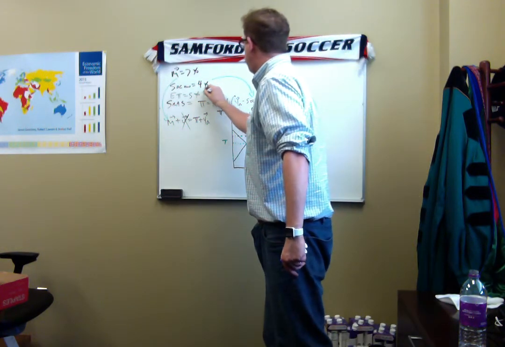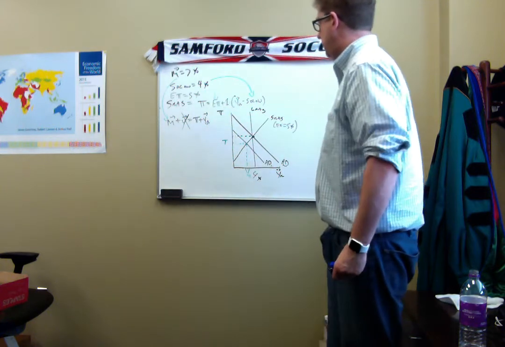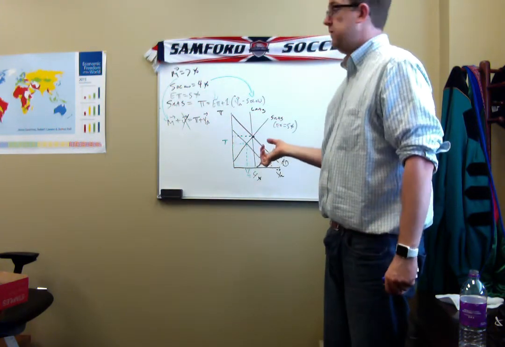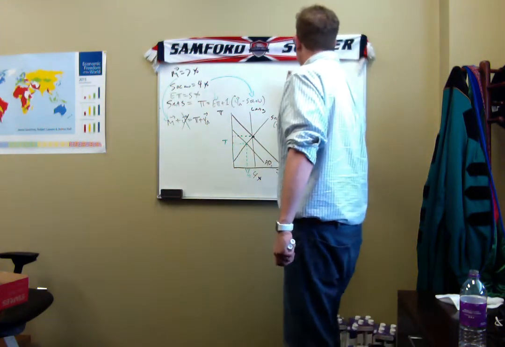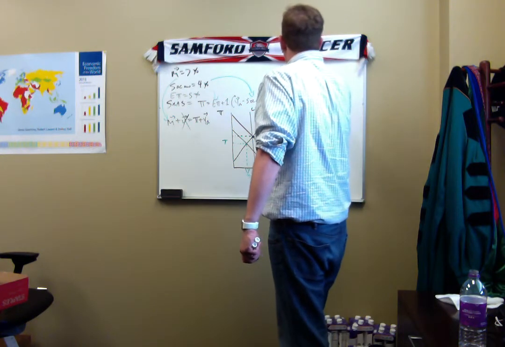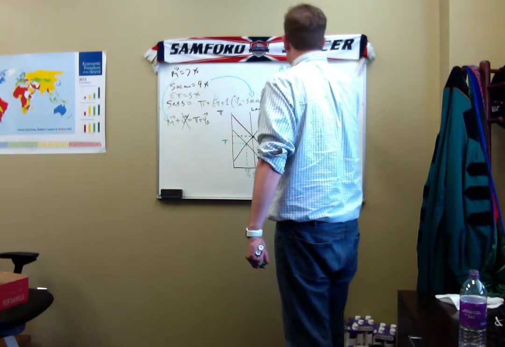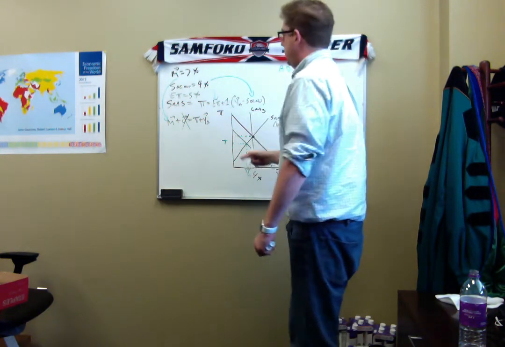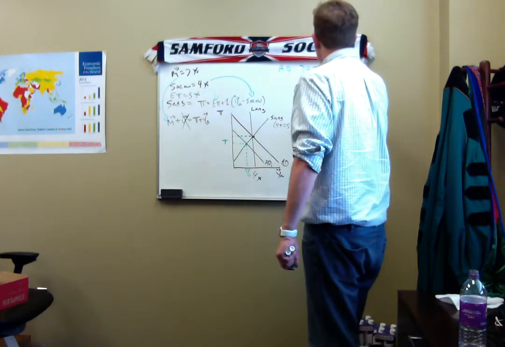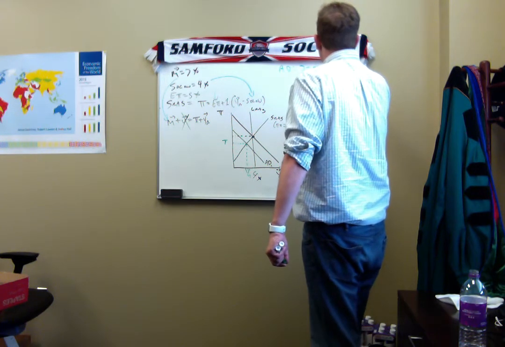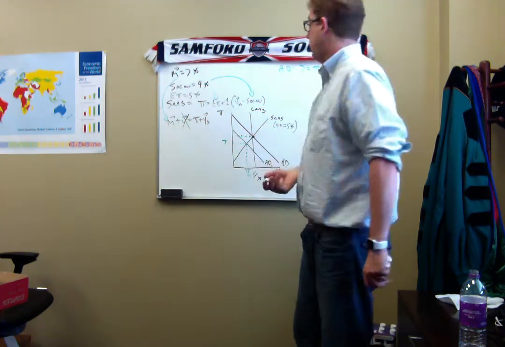We know that expected inflation is 5%. We put that in there. And so we have two expressions, one for aggregate demand, where the 7% money growth rate is equal to the inflation rate plus the economy's real growth rate.